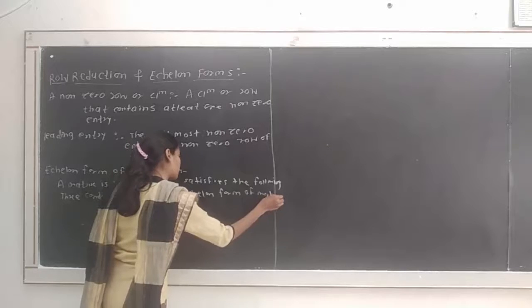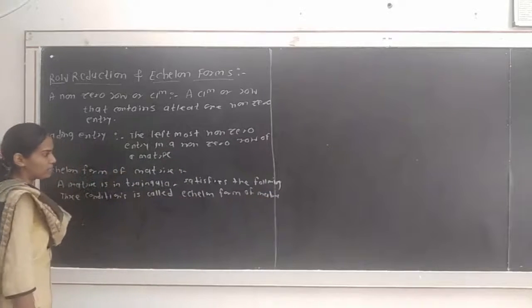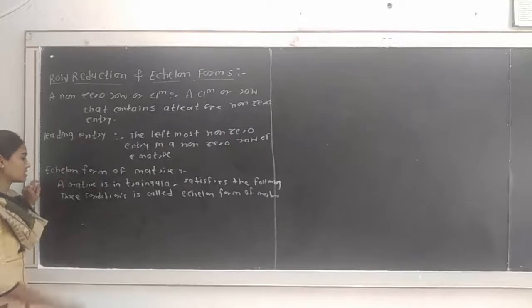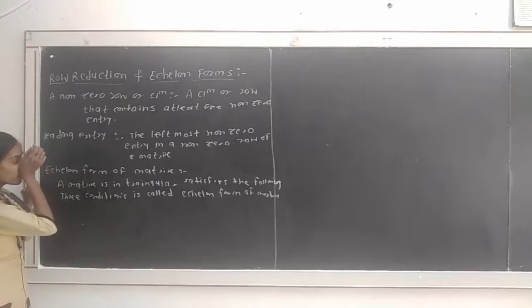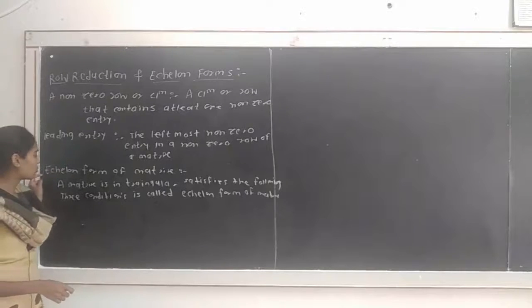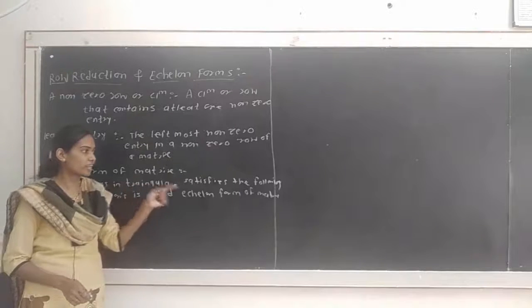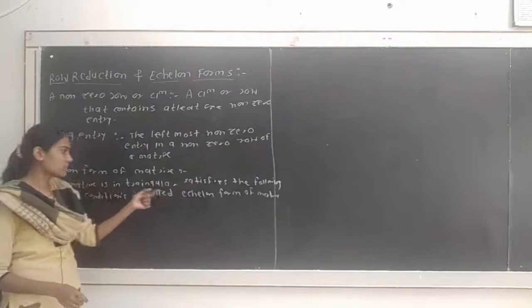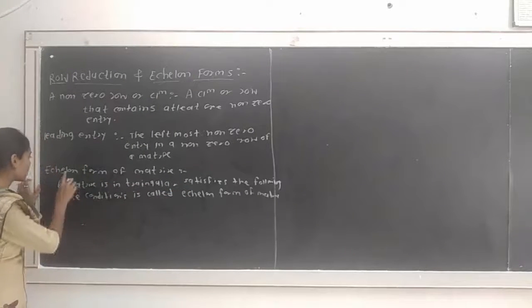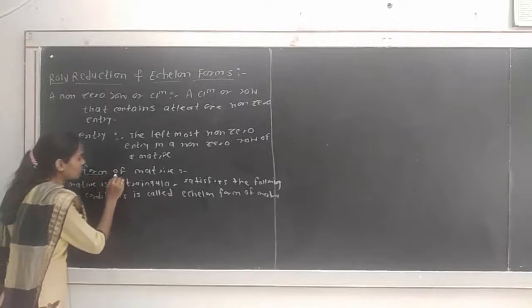That is, if we use row reduction to convert a matrix to triangular form, and if that triangular form satisfies the following three conditions, then we say that the matrix is in echelon form.